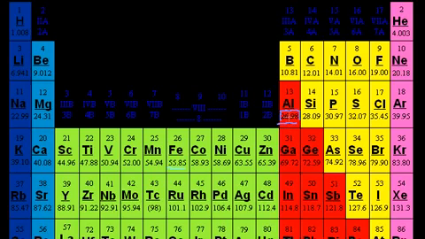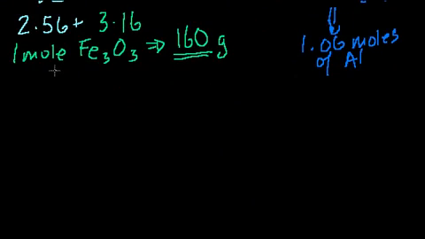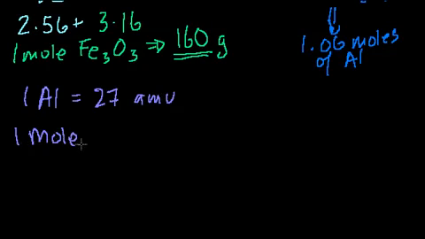But let's just say the aluminium that we're dealing with has a mass of 27 atomic mass units. So one aluminium atom is 27 atomic mass units. So 1 mole of aluminium, or 6.02 times 10 to the 23 aluminium atoms, is going to be 27 grams.